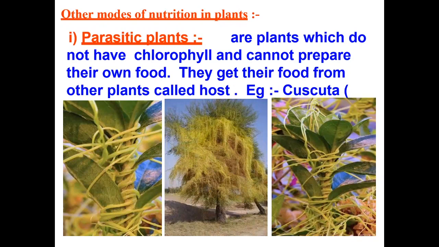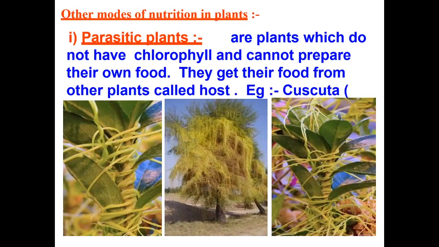It does not have chlorophyll and you can see it climbs on the other plant and they get nutrients from the host plant. What is host? The plant on which it climbs is called a host. Since it deprives the host of valuable nutrients, it is called a parasite.